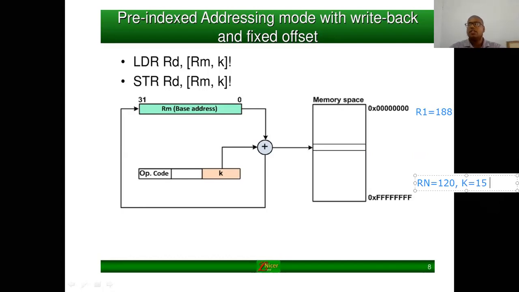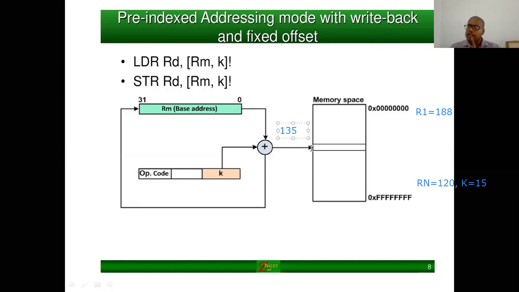Whenever I perform the addition between these two, that means 120 plus 15, how much am I going to get? I am going to get 135. That 135 will be considered as an address, and it will search for that particular 135 address where it is present. For example, if it is present here, then our controller will come here.